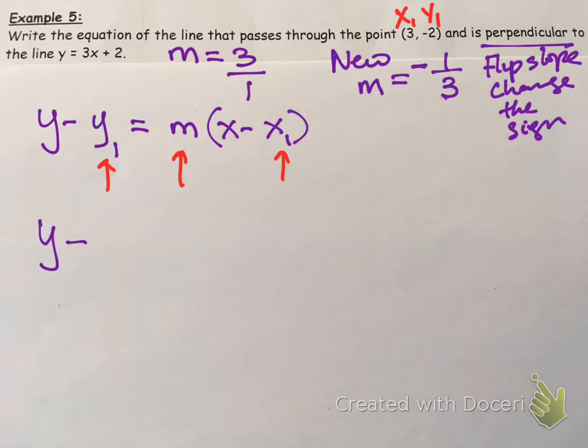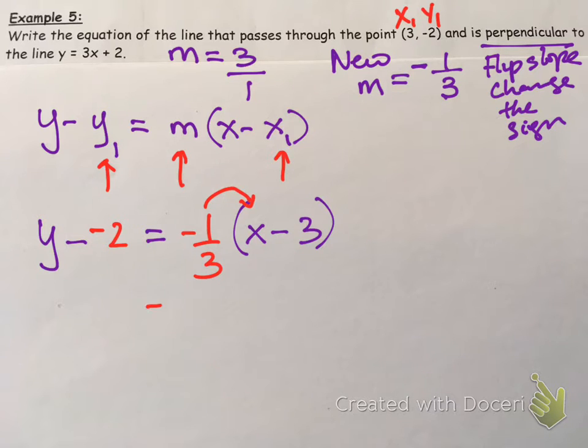So my y minus y1 is negative 2, equals the slope here of my new perpendicular line, which is negative 1/3, times x minus x1, and my x1 is 3. And now all I need to do is distribute this negative 1/3. This becomes negative 1/3 times x is negative 1/3 x. Negative 1/3 times negative 3: negative times negative is a positive, and 1/3 times 3 is 1.